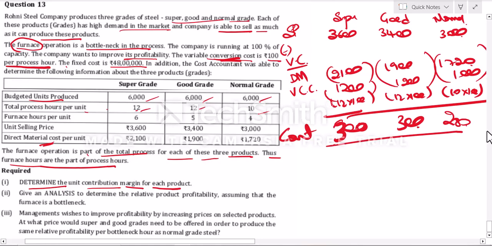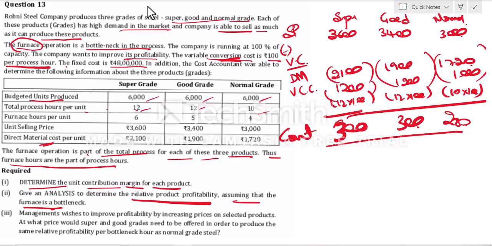Give the analysis to determine the relative product profitability assuming that furnace is a bottleneck. What they are asking here, relative product profitability means contribution assuming that furnace is a bottleneck. It is nothing but contribution per bottleneck resource.